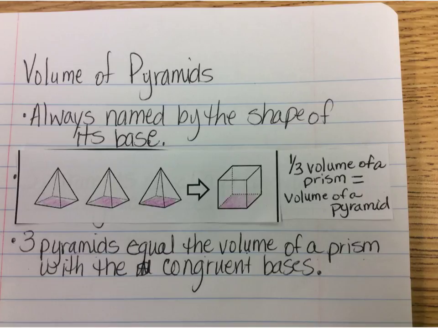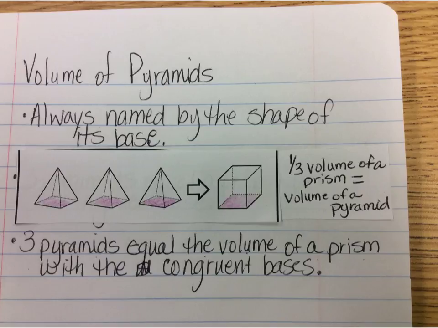And if you notice, I have put here a picture that three pyramids equal the volume of one prism. Okay, so 3 pyramids equal the volume of one prism, or the way I put it is 1/3 the volume of a prism equals the volume of a pyramid.